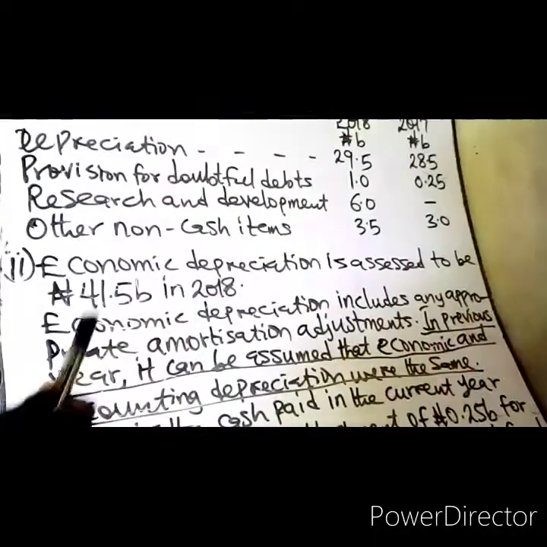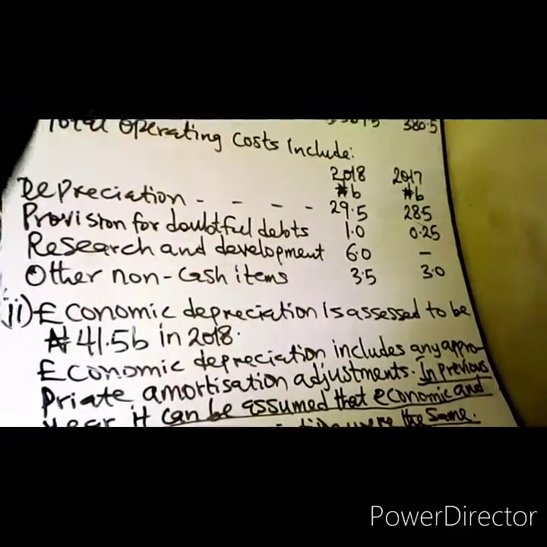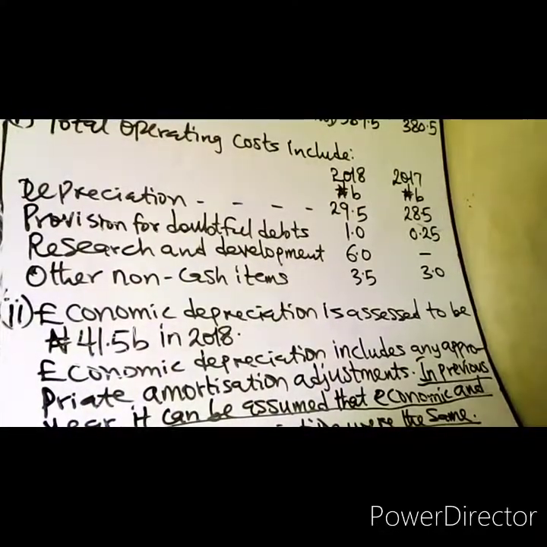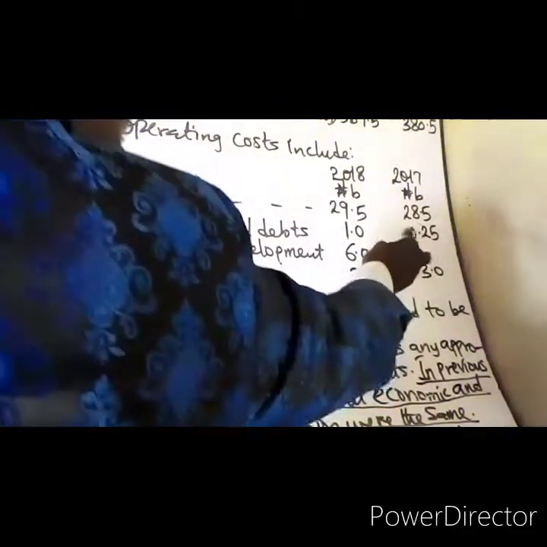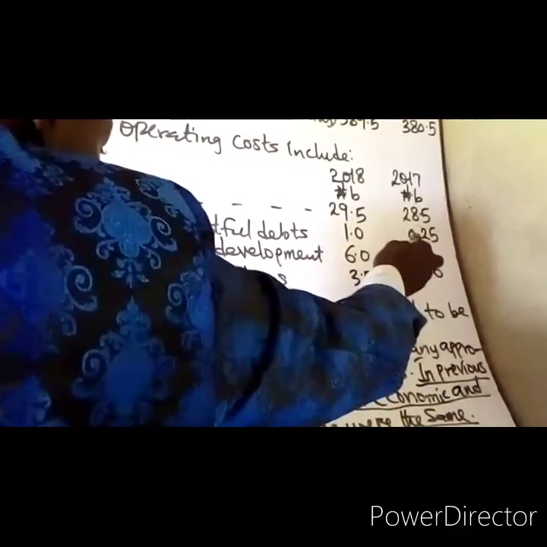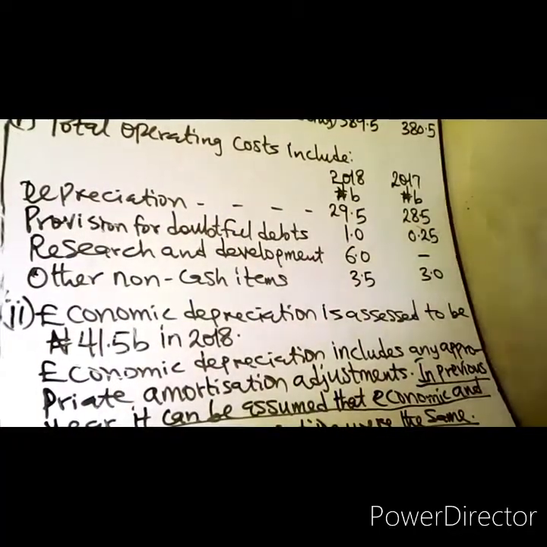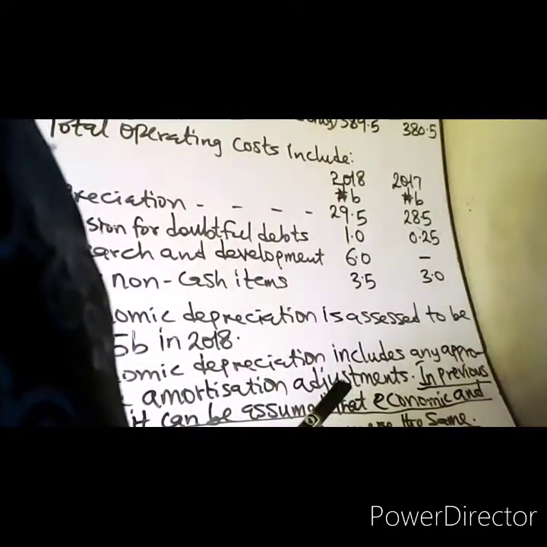You are given 0.25. The 0.25 is what was charged as operating cost, not the balance that will be deducted in the statement of financial position. This is not the amount that will be deducted as the closing balance. It is the closing balance for 2017 that will be deducted from the receivables, that is from debtors, to arrive at the carrying amount of the receivables to be included in the statement of financial position.